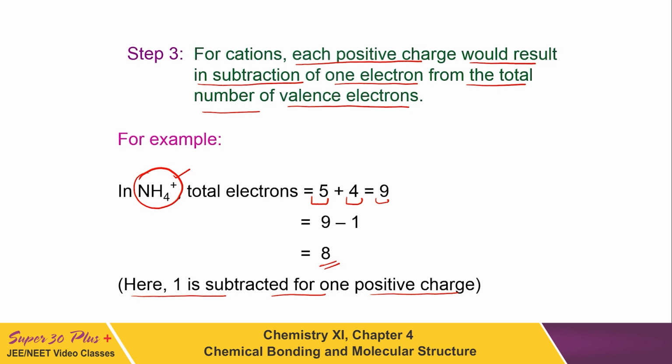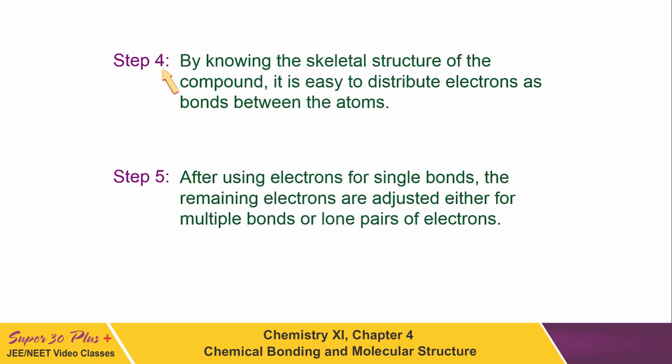Now coming furthermore, in step 4, by knowing the skeletal structure of the compound, it is easy to distribute electrons as bonds between the atoms. When you know the skeletal structure, then you have an idea how to distribute the electrons between the atoms according to their bonds.